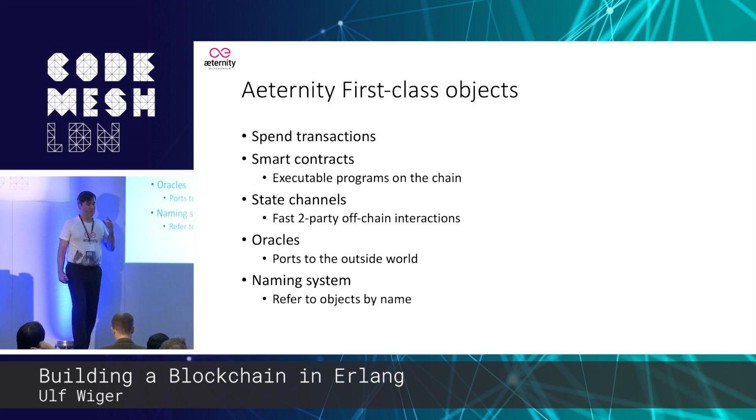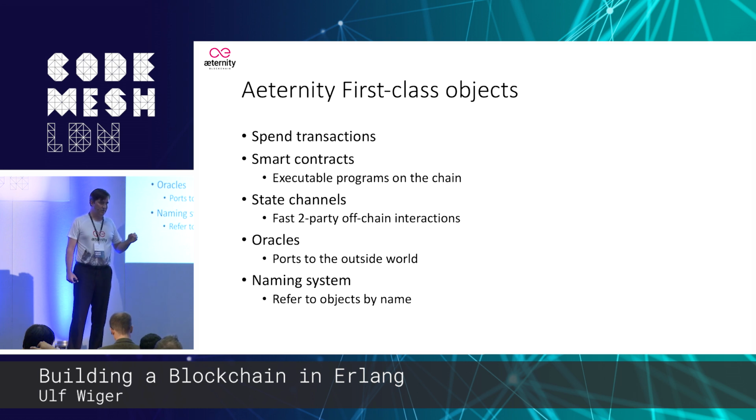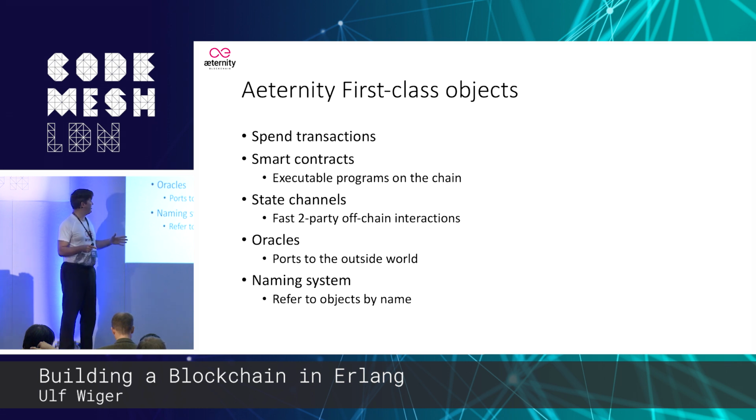The thing that's a little bit different with the Aeternity blockchain is that we've been trying to take the best, more or less proven ideas in the blockchain space, and build them in as first-class objects as part of the core architecture.